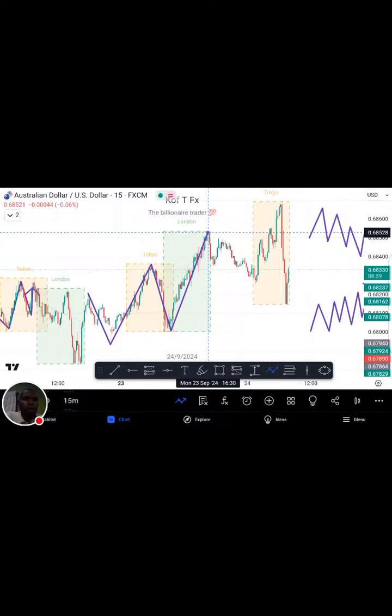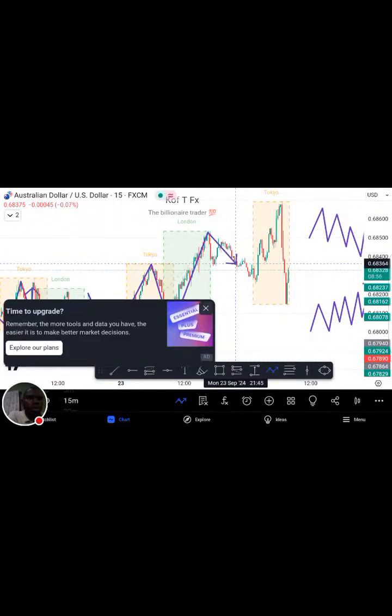Okay. One. Okay. We have this pullback. Then we have this high. Then we have this as well. So looking at this, we are expecting a break of structure.